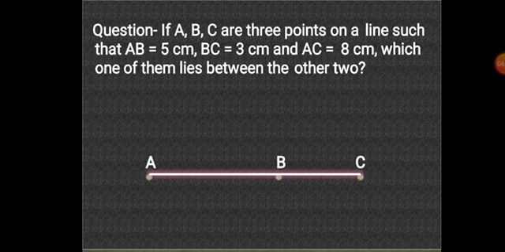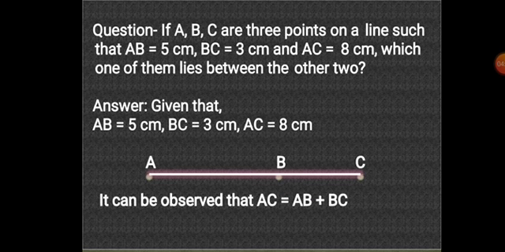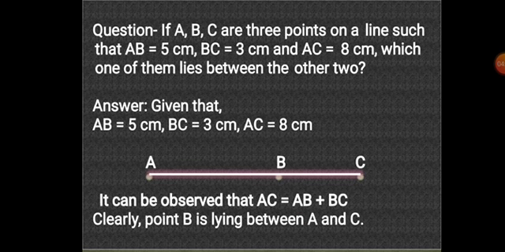So by the figure we can clearly observe that, as per the given measurements of AB, BC and AC, the sum of AB and BC is equal to line segment AC. So we can clearly observe here that AC is the sum of AB and BC. So point B is lying between A and C.